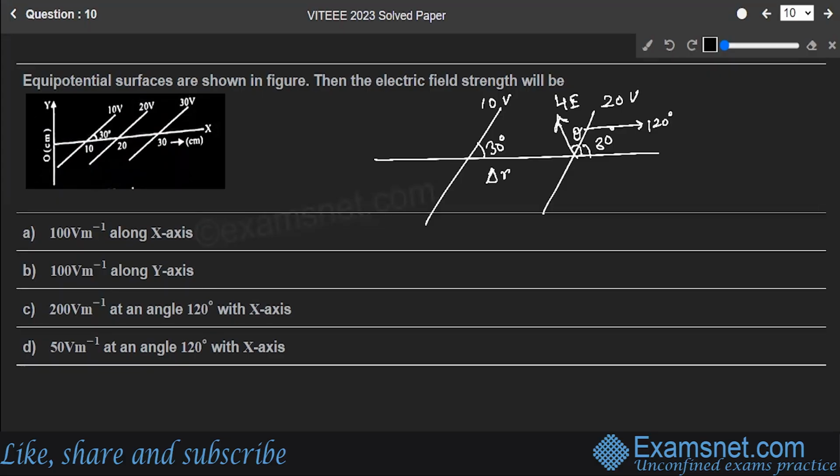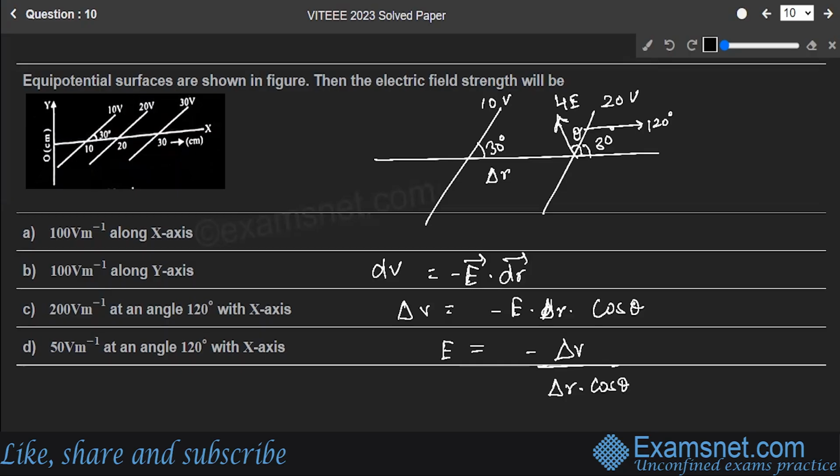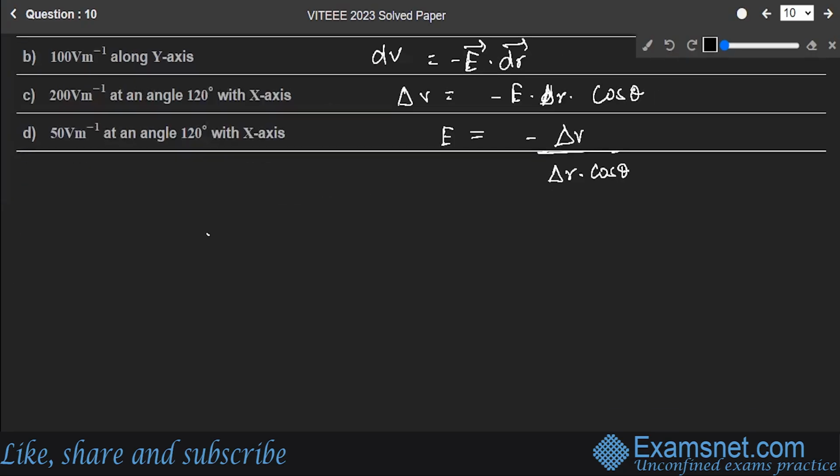Now, according to the equation, I'll be using dV is equal to minus E dot dr. That means delta V is equal to minus E dr into cos of angle between them, or E is equal to minus delta V upon delta R into cos of angle between them. So E is equal to minus (20 minus 10) upon delta R, which is again 10, 20 to 10, cos of 120 degree.